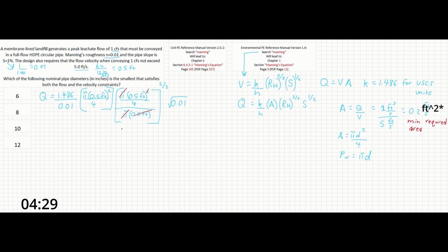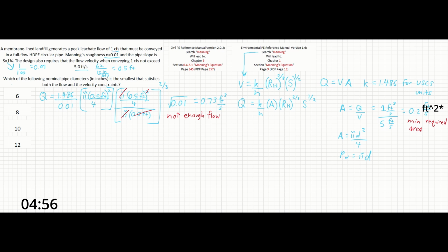Now, assuming you do this correctly and don't mess up any terms in your calculator, you should get a flow of 0.73 cubic feet per second when the pipe diameter is 6 inches. Since this is less than our peak leachate flow of 1 CFS, there is not enough flow able to be delivered through this pipe, so we have to look at the next one on the list.